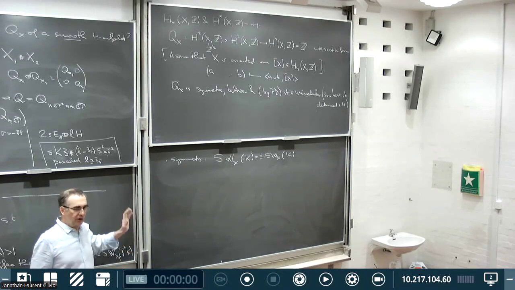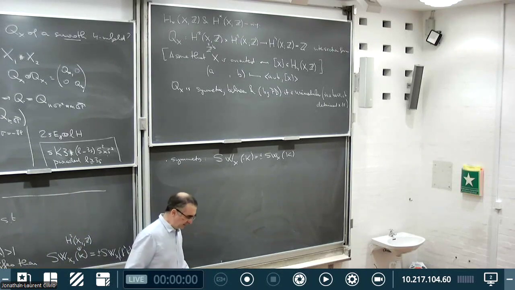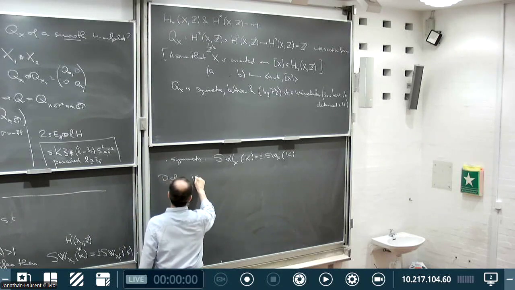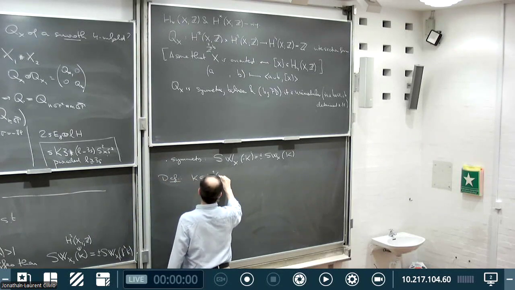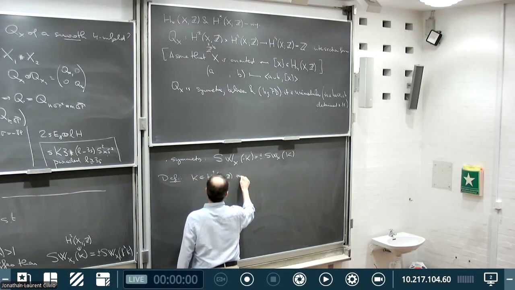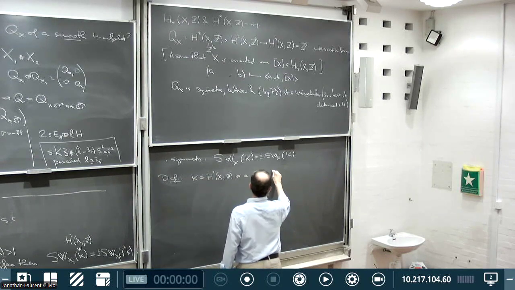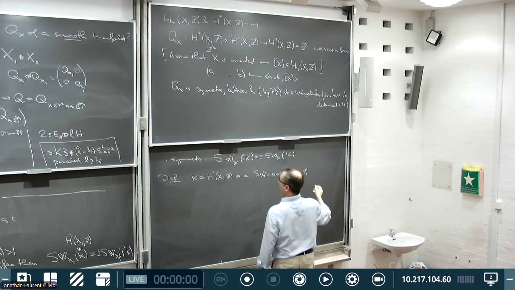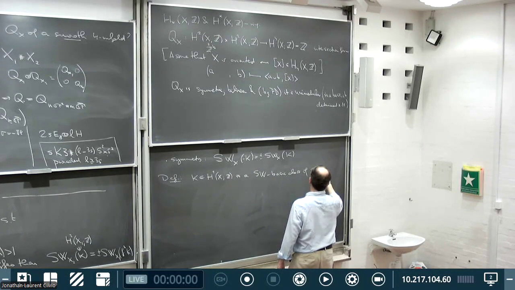So these are some of the properties we will use. There will be two more, which will be very important. But let me just give a definition. K is a Seiberg-Witten basic class if the value of the function is not zero.